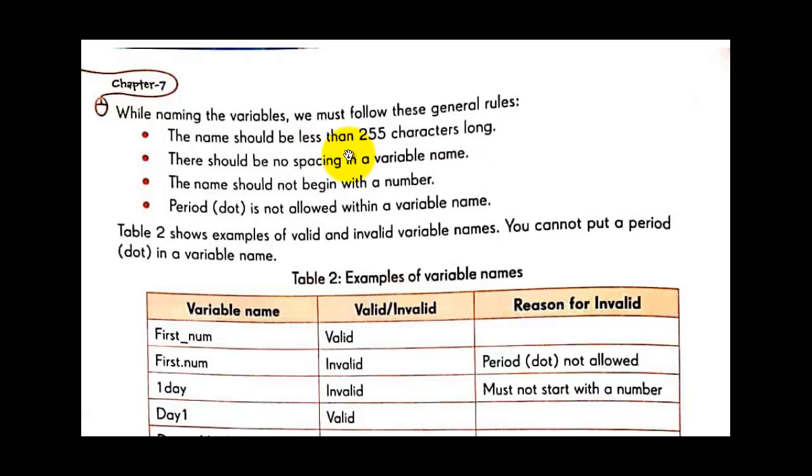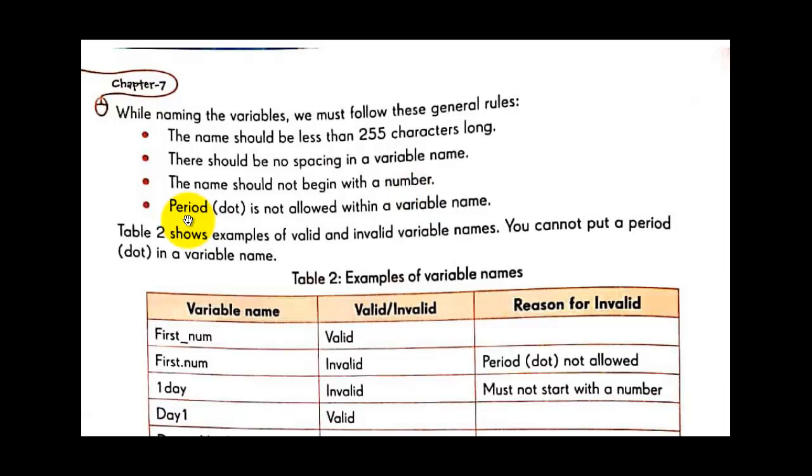A space also counts as a character. A blank space or white space counts as one character. So there should be no spacing in a variable name. The name should not begin with a number.